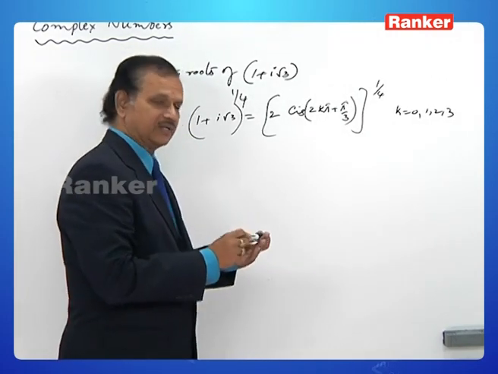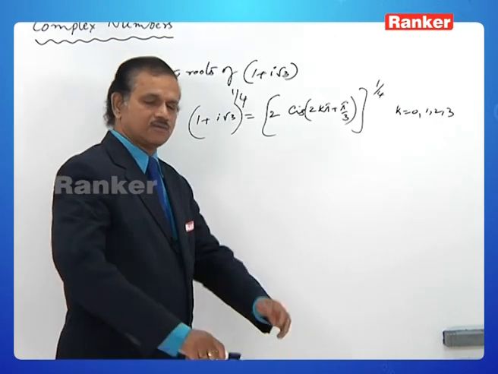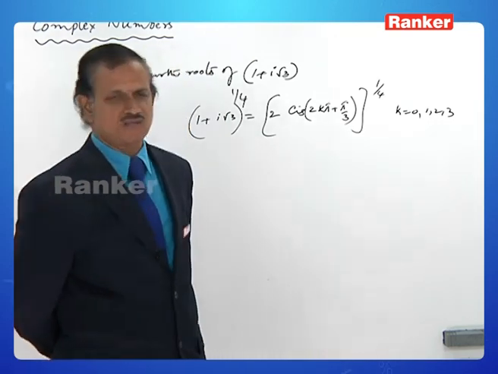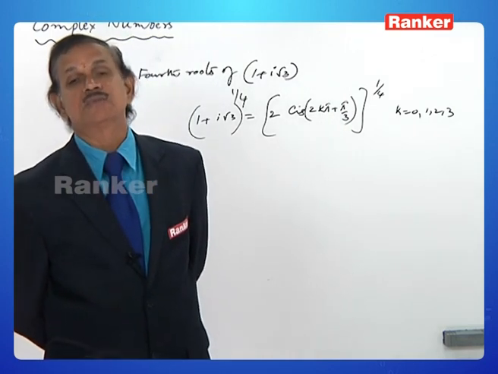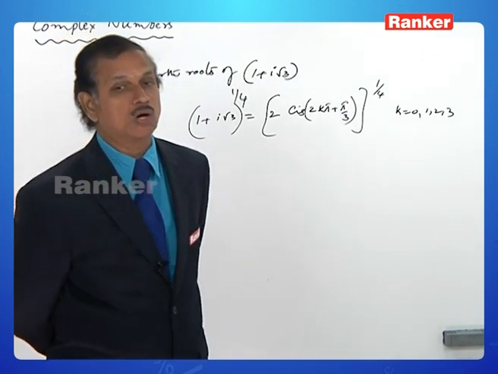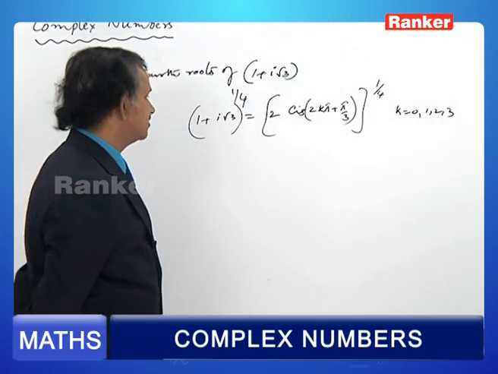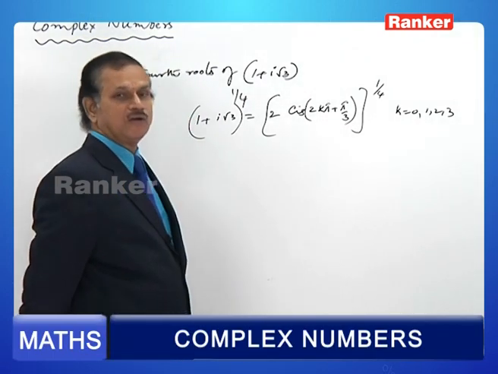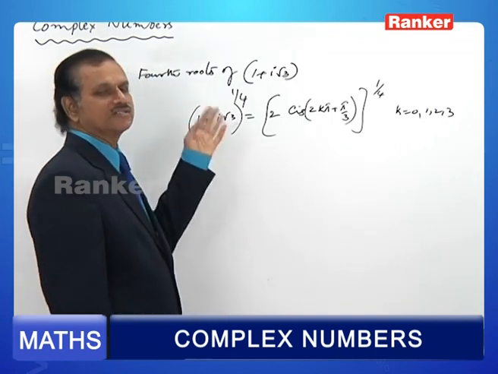Likewise, you can have sixth roots of the given complex number, seventh roots, eighth roots, as you like, provided you use general amplitude but not fundamental amplitude, because you will write different values of k with respect to the number of roots you are supposed to have.